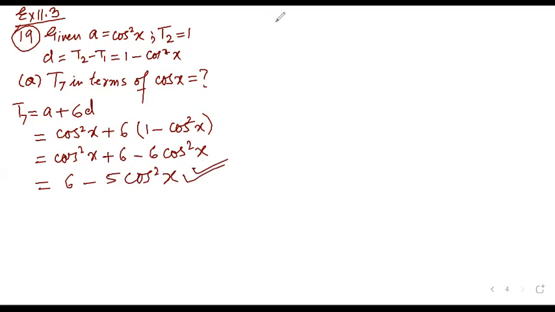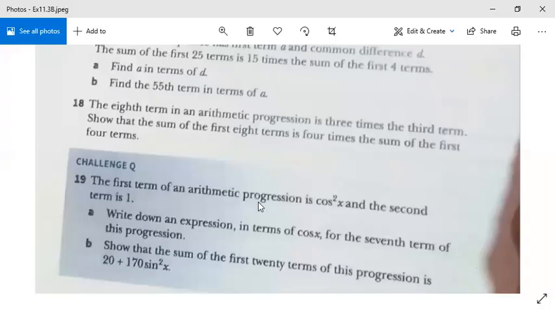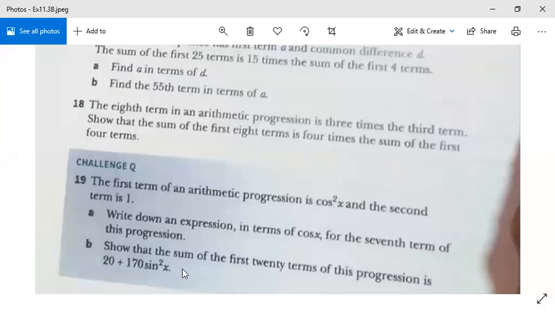Now part B. For part B, we go back to the slide. This one. Yes, if you see, show that the sum of the first 20 terms of this progression is 20 plus 170 sine square x. We have to show this.